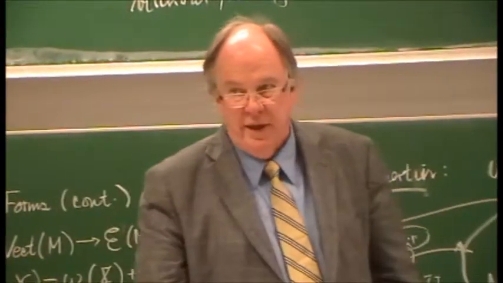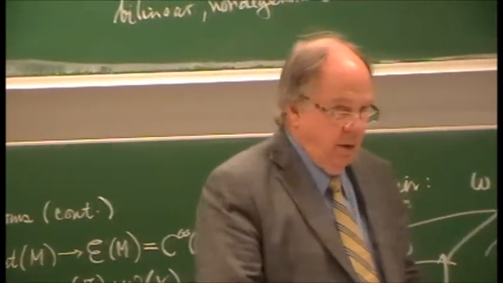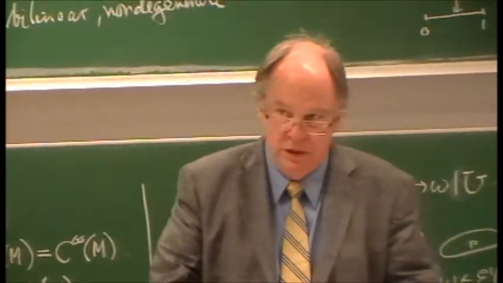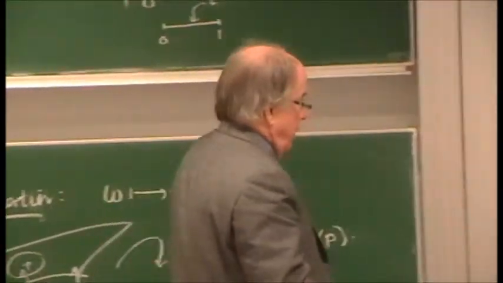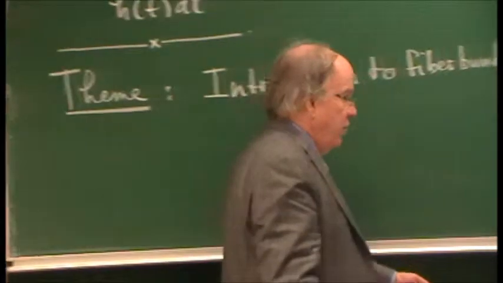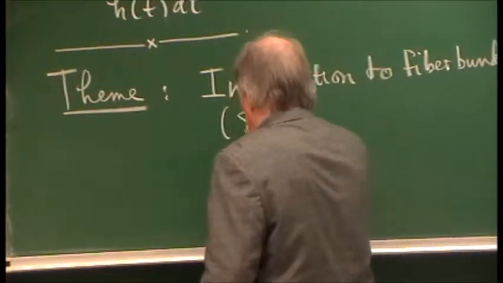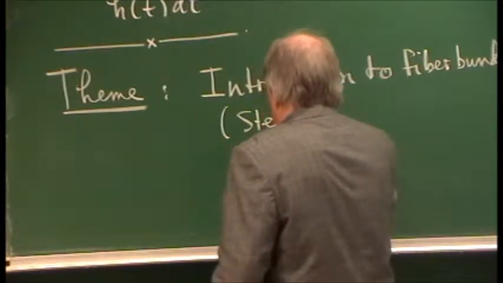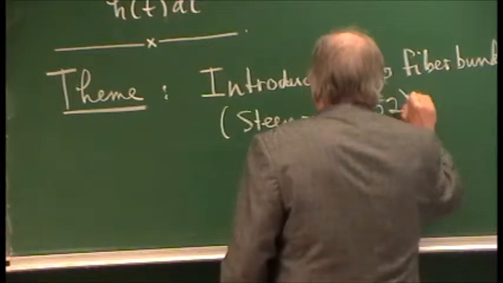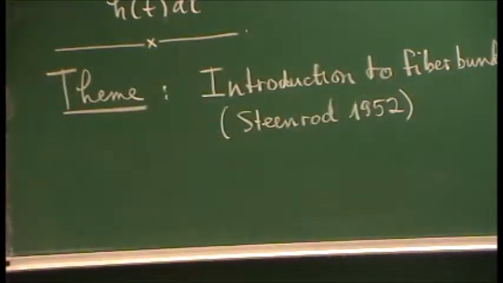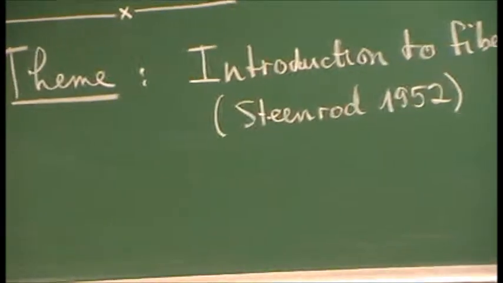You've heard notions like gauge transformations, gauge group, and all of these things. These are certain objects related to certain fiber bundles. But fortunately, mathematicians translated this in a way that we could understand. So the fundamental book, which I still find very good, I think Steenrod wrote this in 1952, the same subject, Introduction to Fiber Bundles.